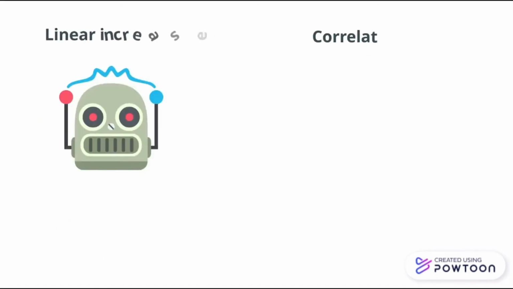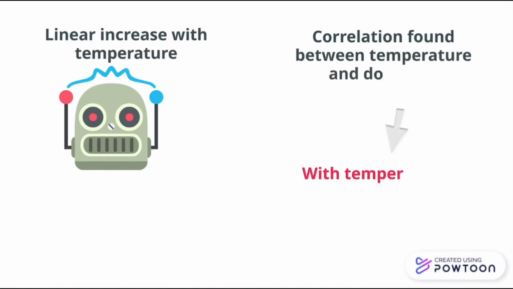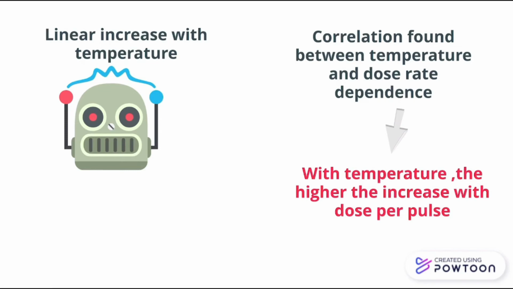From previous study, there is a linear increase of semiconductor signal with temperature. The correlation found between the temperature and dose rate dependence points to a common basic physics phenomenon at their origin, probably related to the minority carriers in the crystal.